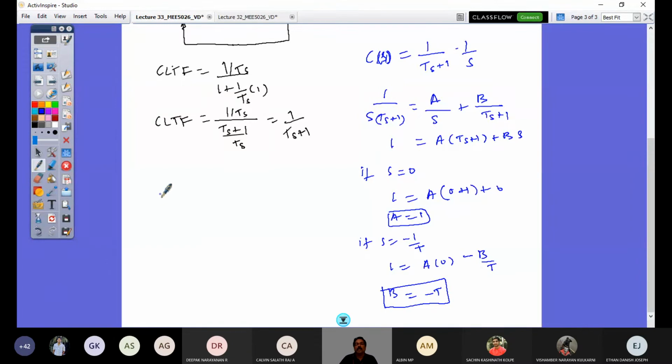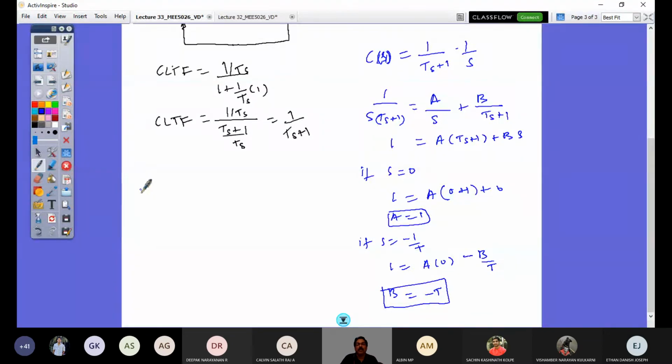So I have my transfer function now, or my response. You can also represent this as c of s or y of s, any way that you like. So let us take c of s only. c of s equals 1 by s into ts plus 1.